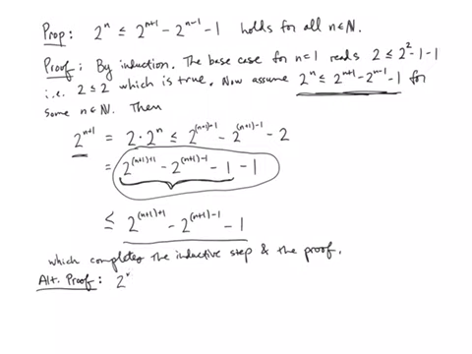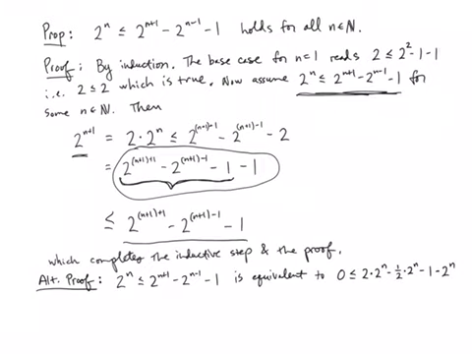So 2 to the n less than or equal to 2 to the n plus 1 minus 2 to the n minus 1 minus 1 is equivalent to 0 is less than or equal to 2 times 2 to the n minus 1/2 times 2 to the n minus 1 minus 2 to the n.